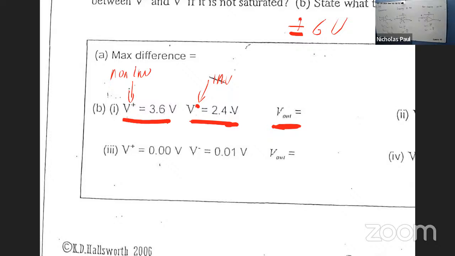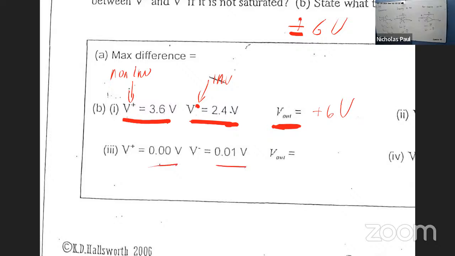The non-inverting is larger, so what will the output be? Positive. That's all you're doing. You compare them, and if the non-inverting is bigger, positive supply. If the inverting is bigger, negative supply. That's it.